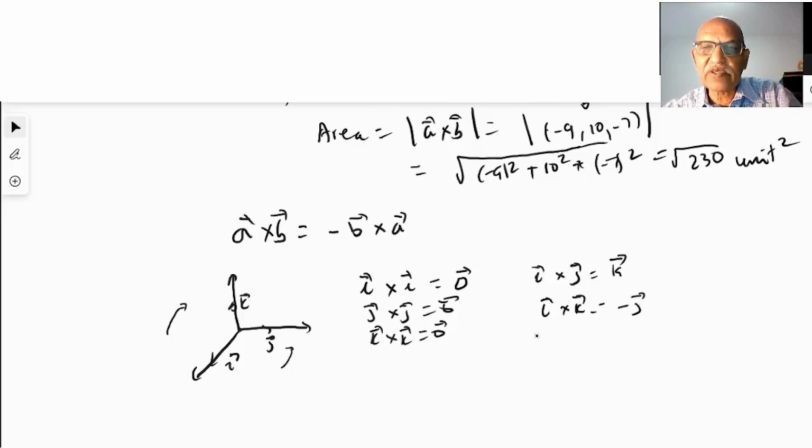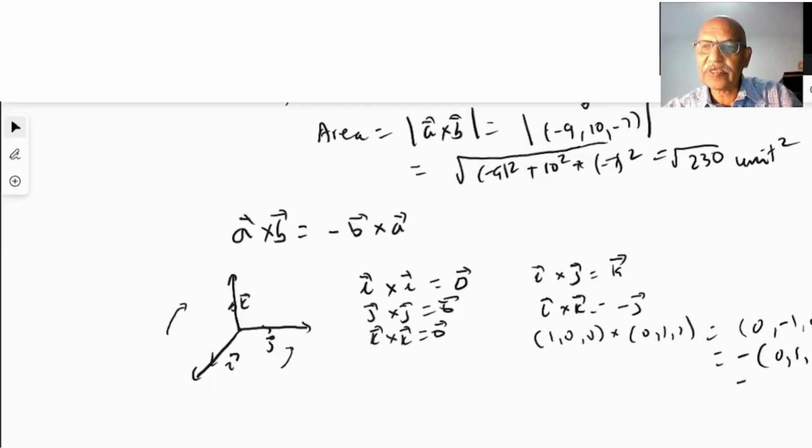I can even check using components. This will be 1, 0, 0, cross 0, 0, 1. If I take the cross product, I will get 0, minus 1, 0, which is the same as minus 0, 1, 0, which is minus j.